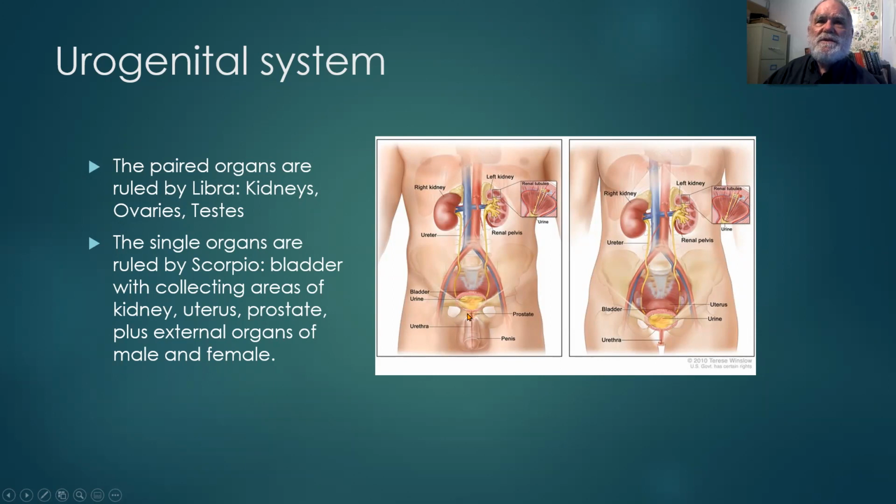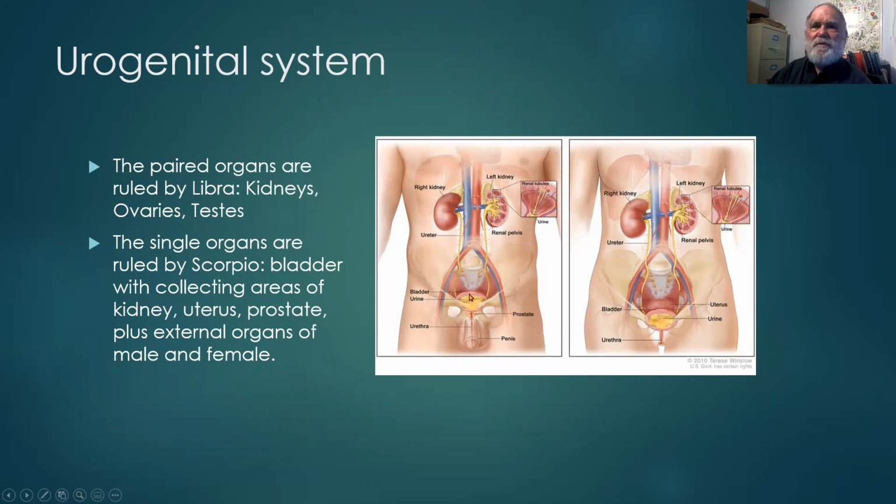Now I'm going to show more details of a lot of this. But in general, it's the urogenital system, and it's all kind of a mishmash in there. Generally, the paired organs are Libra and the single organs are Scorpio as you go down. So the kidneys are Libra, but the bladder is Scorpio.